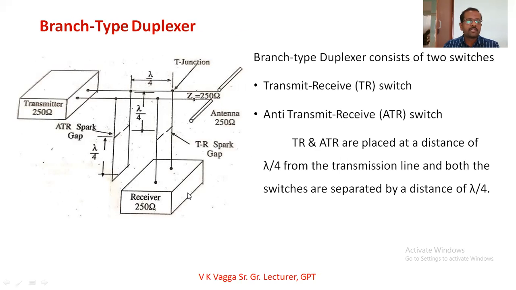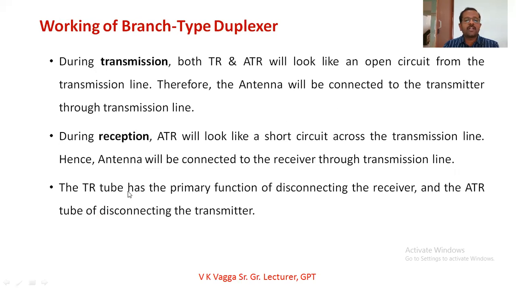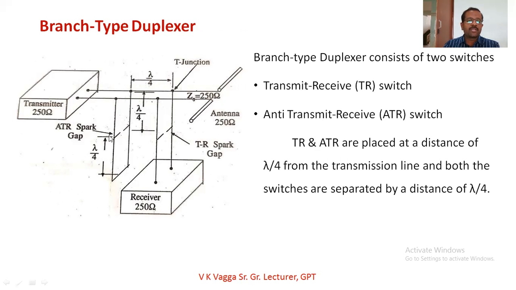So the TR tube has the primary function of disconnecting the receiver, and the ATR tube of disconnecting the transmitter. ATR is concerned with transmission control, and TR is used to control the reception.